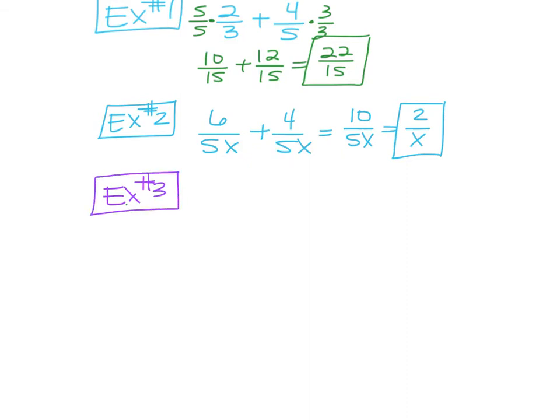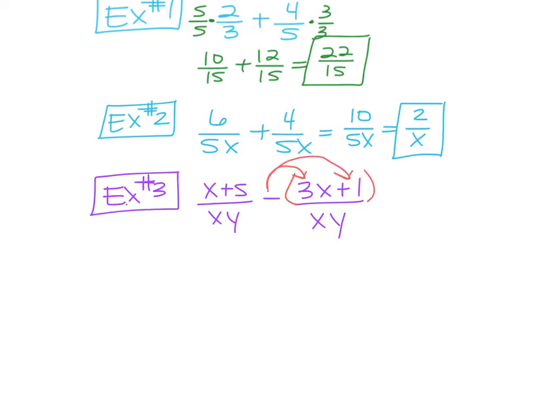This one you have x plus 5 over xy minus 3x plus 1 over xy. This one's a little bit fancier. Notice you're subtracting. And when you subtract a binomial, what do you have to make sure you do? You have to distribute. You're subtracting this whole thing, which means you're subtracting this and you're subtracting that.